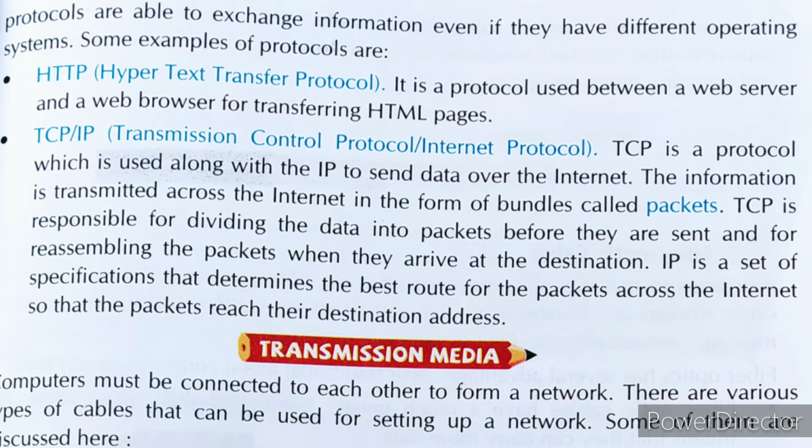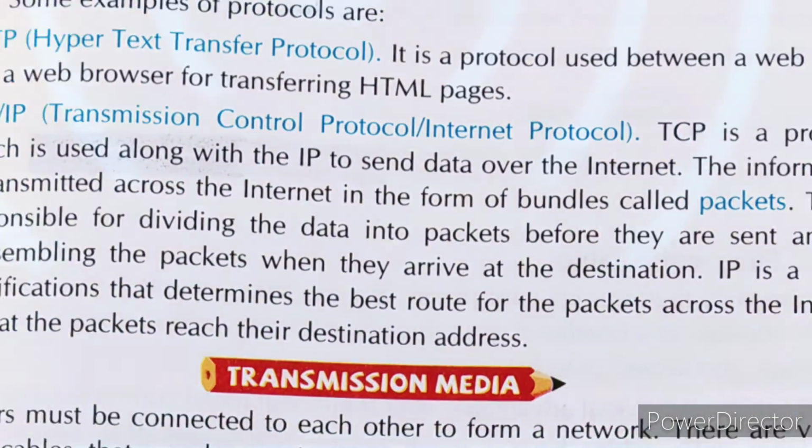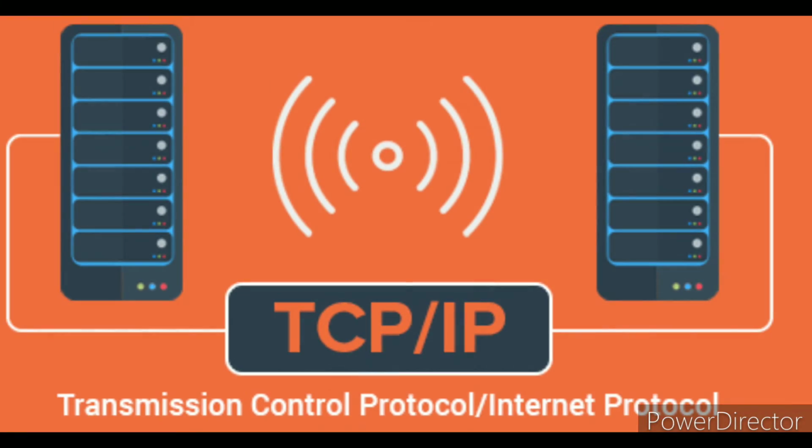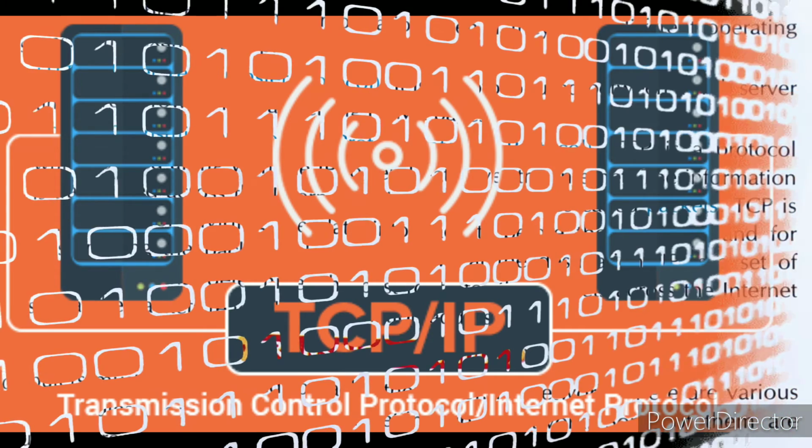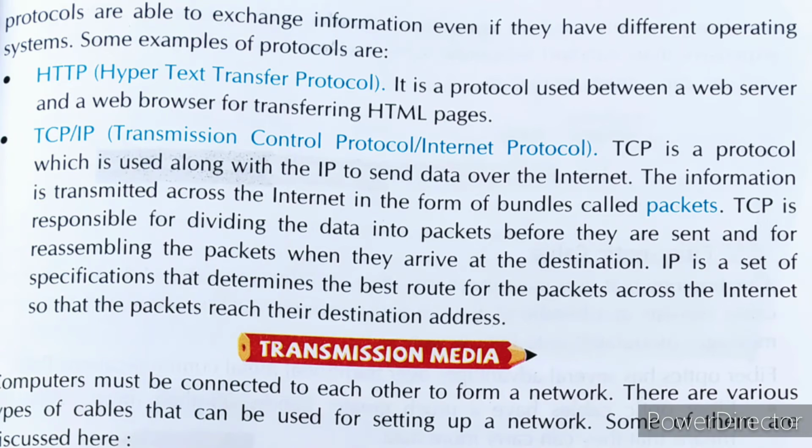TCP is a protocol which is used along with the IP to send data over the internet. It is responsible for dividing the data into packets and reassembling the packets when they arrive at the destination. IP is a set of specifications that determines the best route for the packets across the internet so that the packets reach their destination addresses.